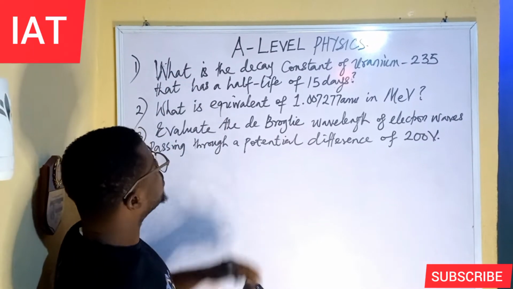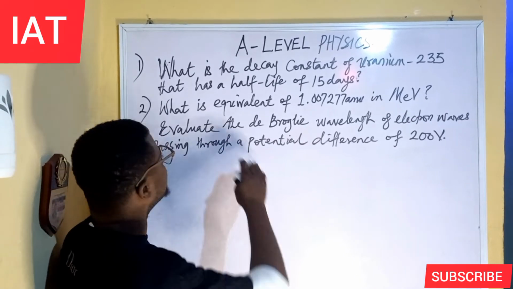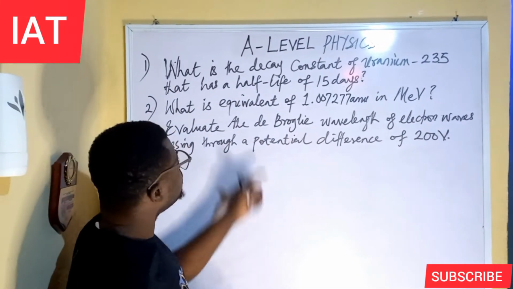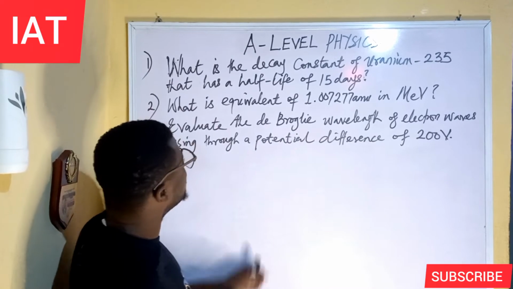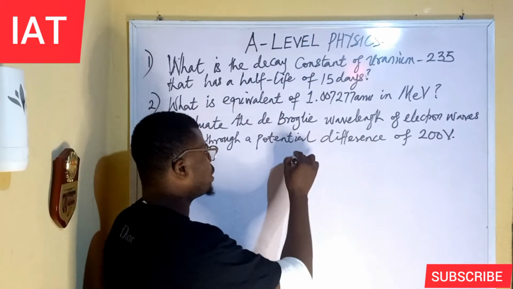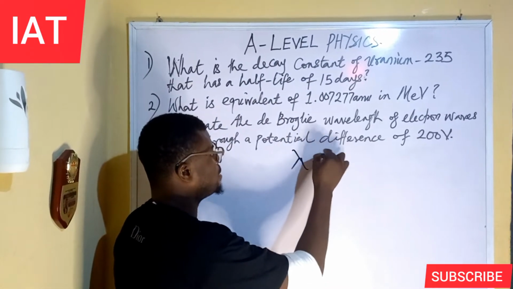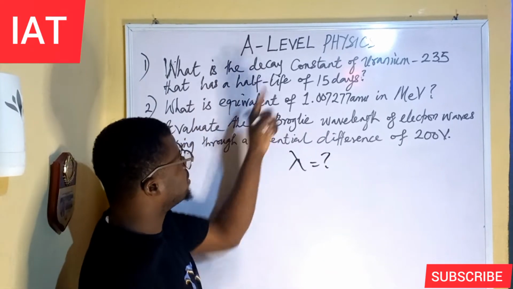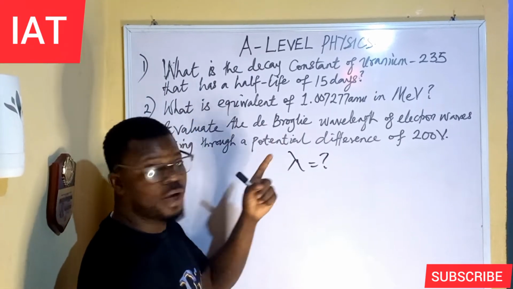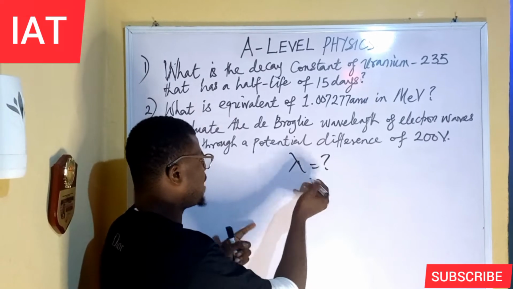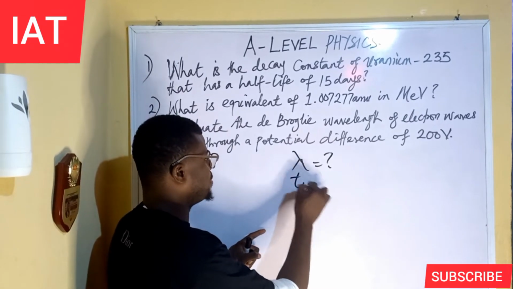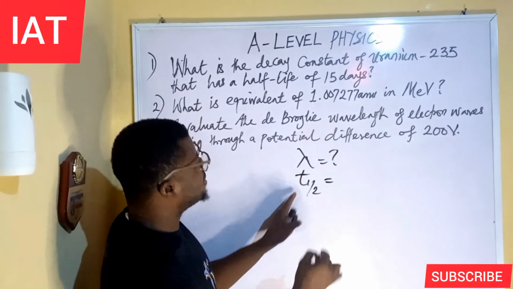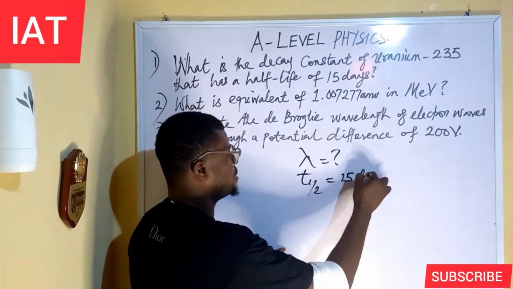All right, for this we have the following parameters. We are to calculate the decay constant, and for decay constant we usually use lambda to represent it, and for half-life we use T half, and this value is given as 15 days.